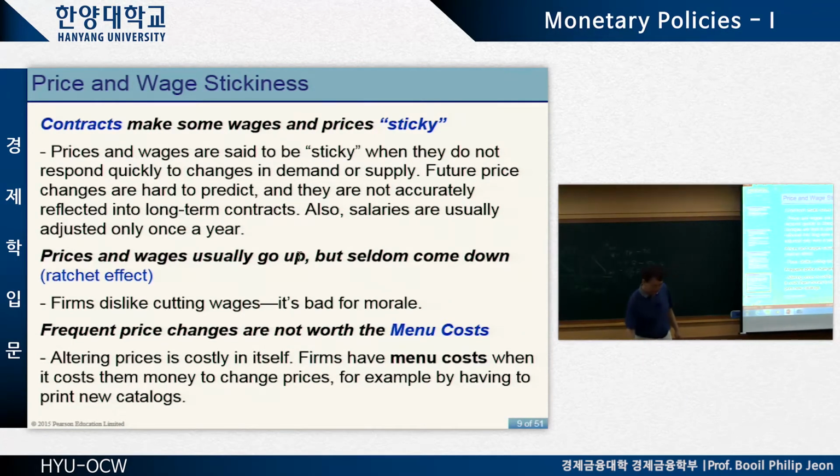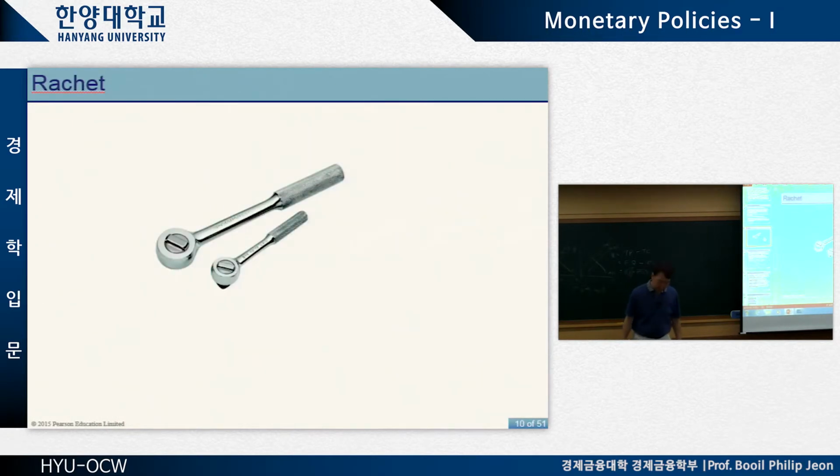I find that this ratchet is not very familiar to Korean students. Have you ever seen this thing? This is a tool that can be used to tighten a bolt.